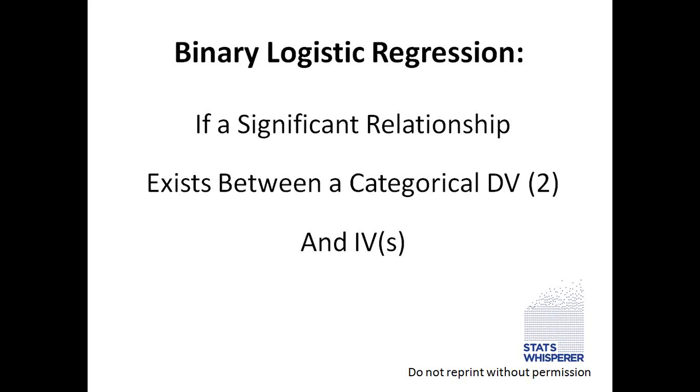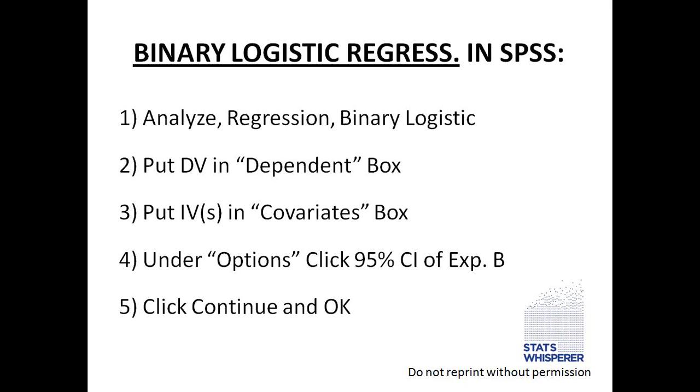Now the next one, binary logistic regression. Remember, that tells us if there's a significant relationship between a categorical dependent variable with two categories and the independent variable. Now in SPSS, it's much the same procedure. Analyze, regression, but instead you go to binary logistic. We'll put in the dependent variable in the dependent box and the independent variables in the covariates box.